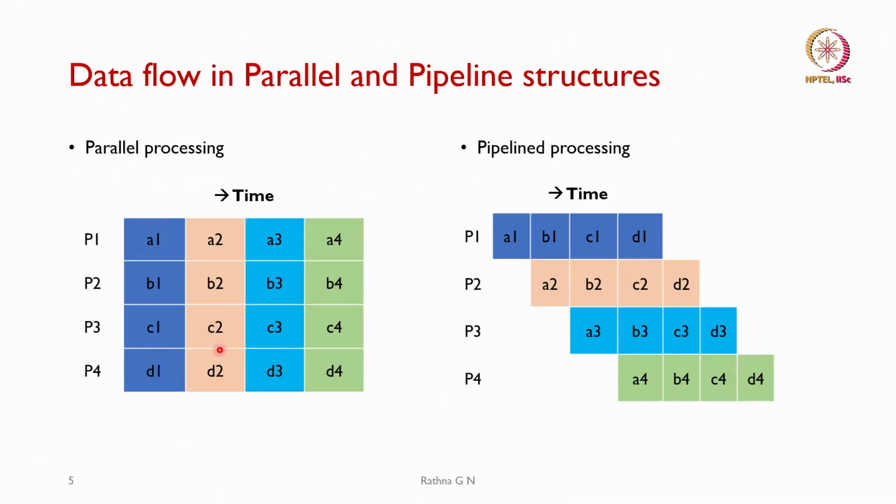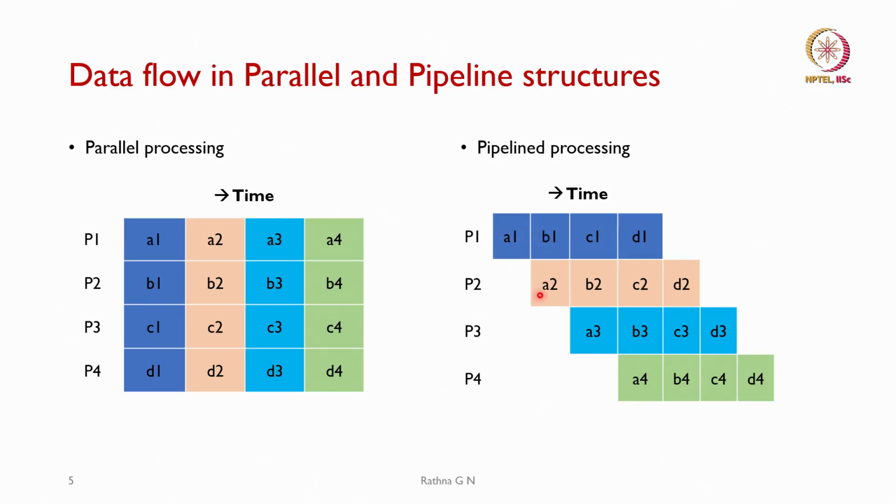We will see the data flow in parallel and pipeline structures and how they are going to be implemented. Say we have 4 processors, P1, P2, P3, P4. If there are no data dependencies, all 4 processors will be working on different data sets. If we have the same number of processors in pipeline processing, each processor has to wait for the previous computation to be finished before the data comes into the next stage.